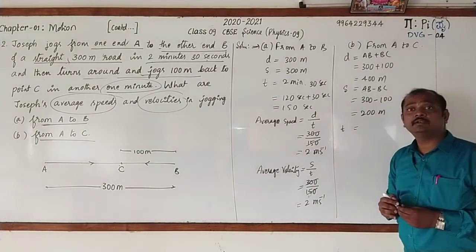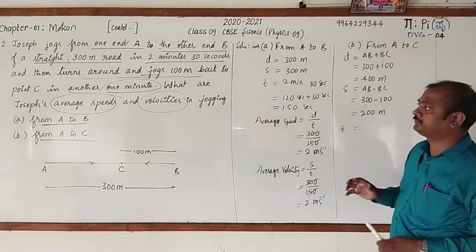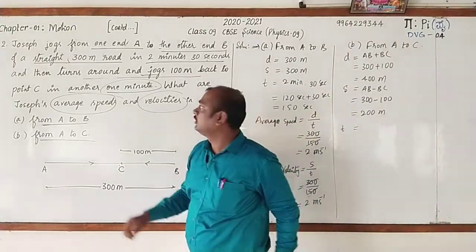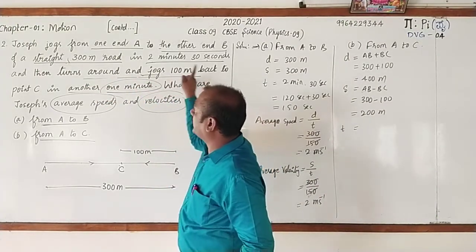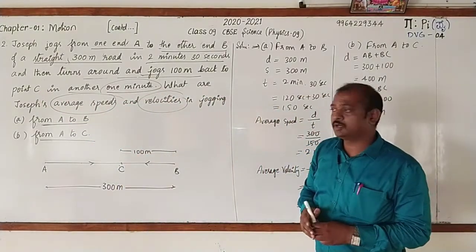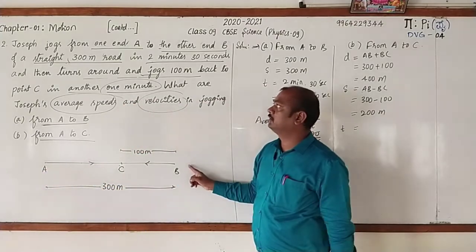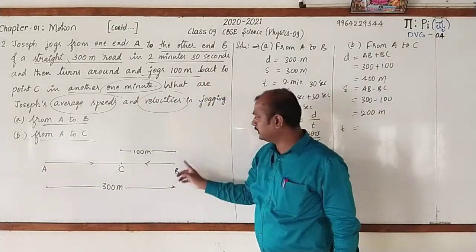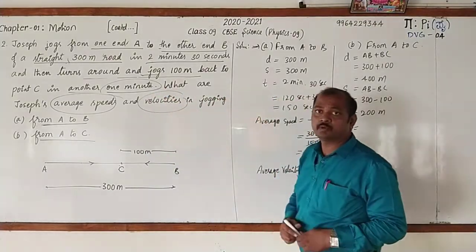Then what is the time taken? Time taken by him. Observe here. He turns around and jogs 100 meters back to point C in another 1 minute. Got it? We know the time taken by him from A to B, 2 minutes 30 seconds. Then B to C, to cover this 100 meters, he has taken 1 more minute.